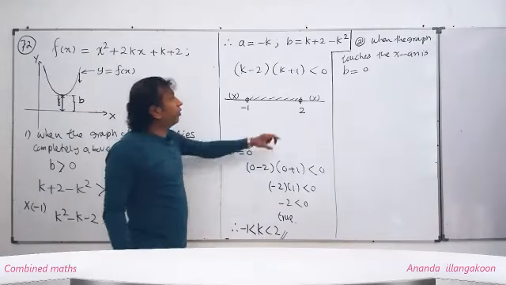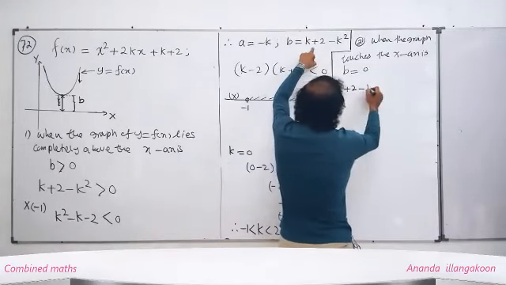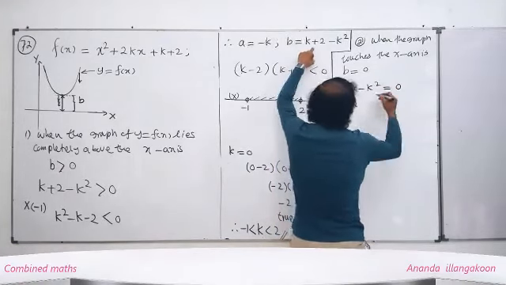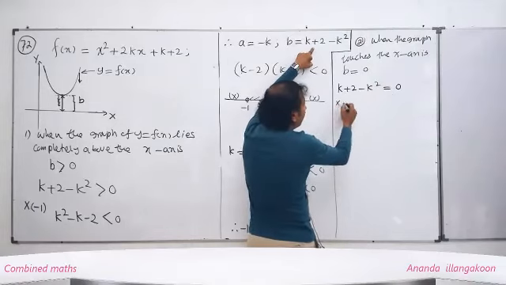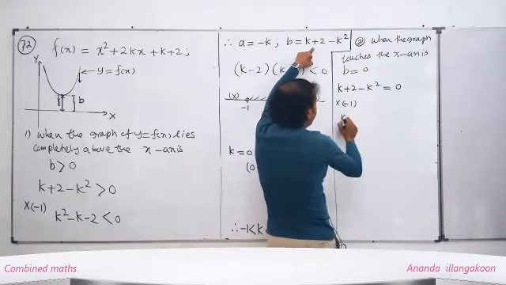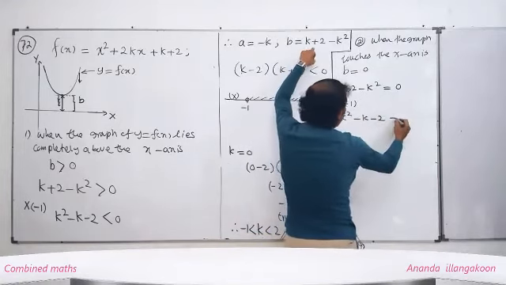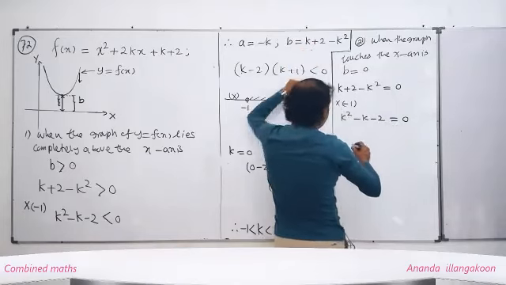Right, people? B is this. K plus 2 minus k squared equals 0. Now we'll multiply this by a minus sign. Then all the left-hand side terms you have to multiply by a minus sign. Right-hand side 0, when you multiply by minus sign, we get minus 0, that is 0.